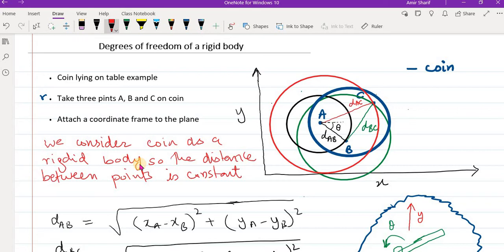So point C must lie at the intersection of these two circles, as you can see here, and it means that point C has two constraints, which are dBC and dAC. And how many degrees of freedom does it have? None, because it cannot move.